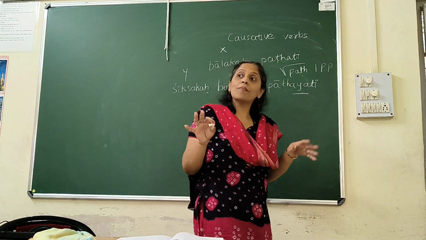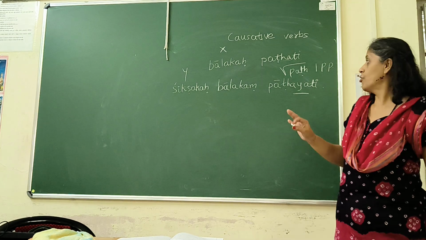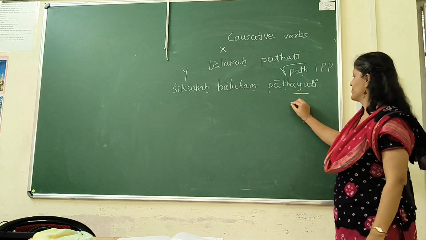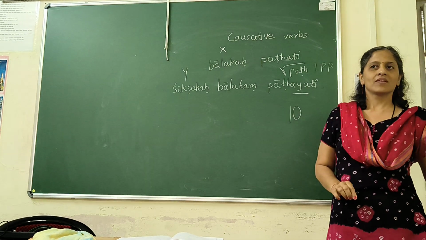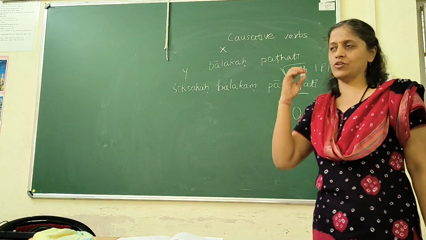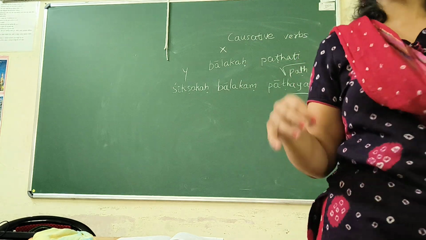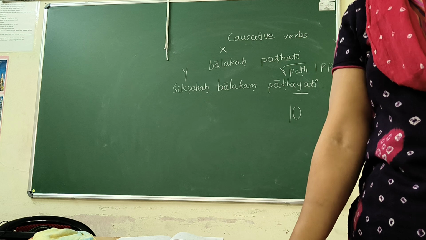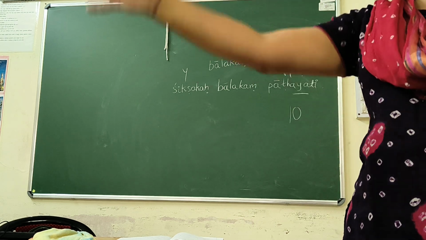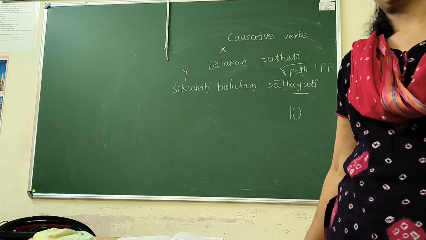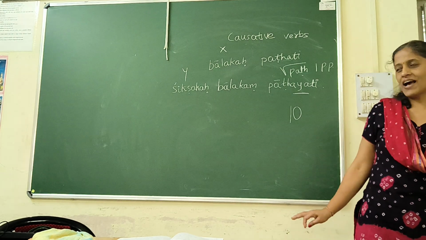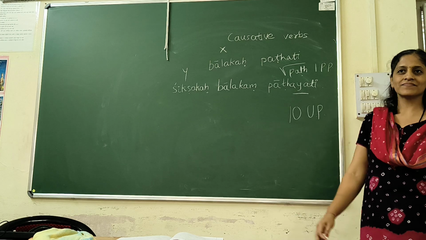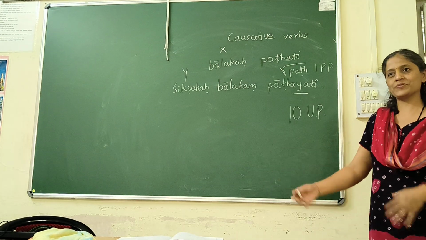Now, how to go about causative verbs? Please remember that all causative verbs are 10th class verbs. Let the verb be of first class or fourth class or sixth class or 10th, or 2, 3, 5, 7, 8, 9. Convert it to 10th class. Think that your verb is of 10th class. And once your verb is of 10th class, it becomes UP. You can add AP also, you can add PP also.